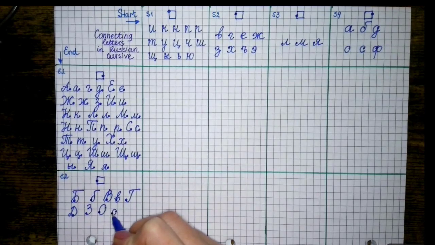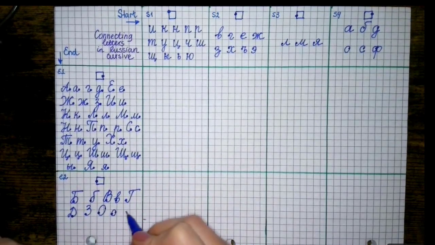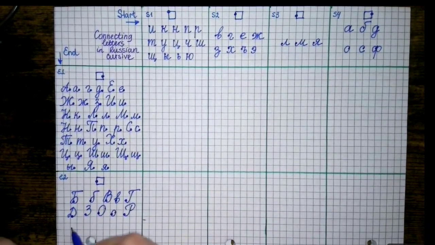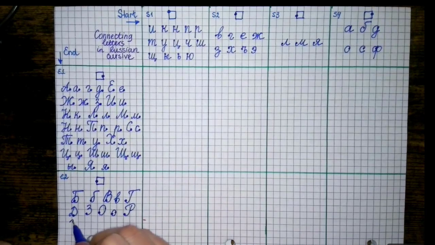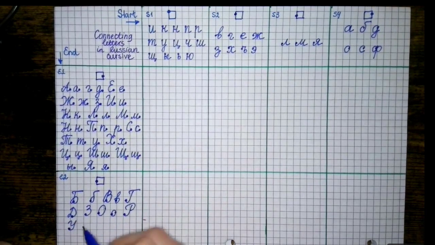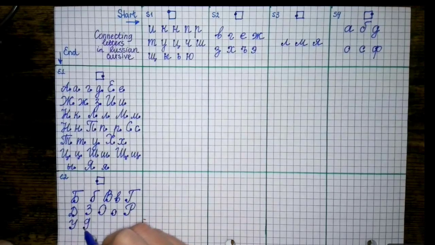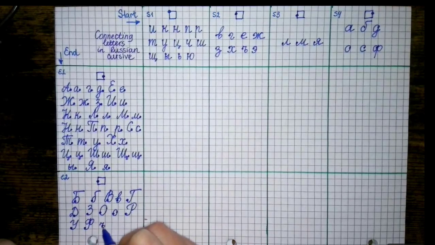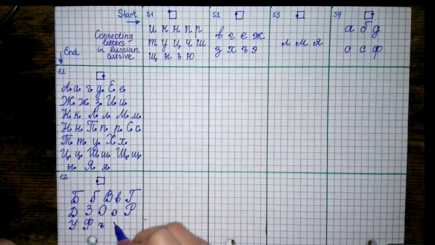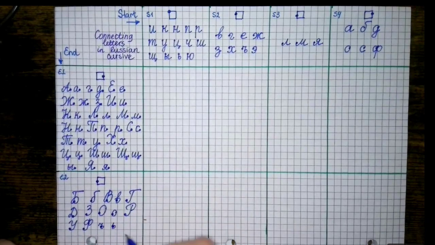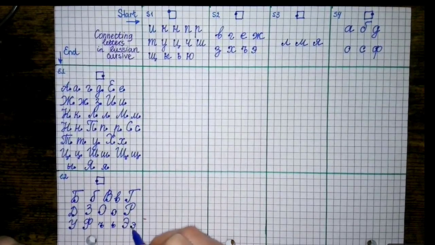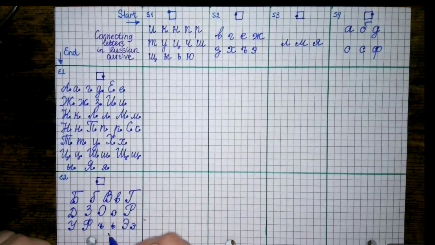O, letter R, capital letter R, capital U, capital F, твердый знак, мягкий знак, both letters E, and both letters U.